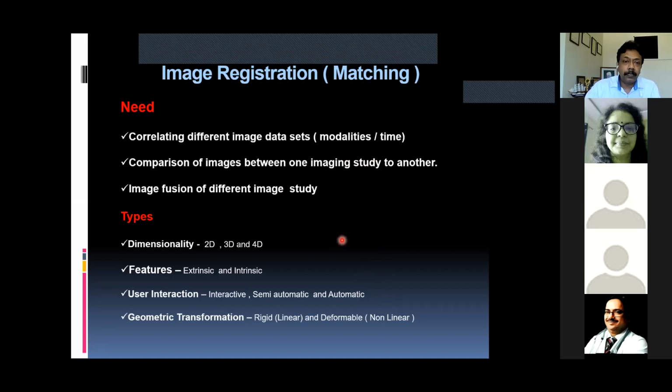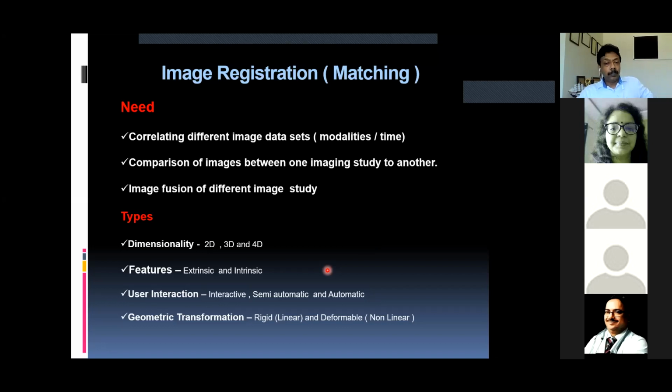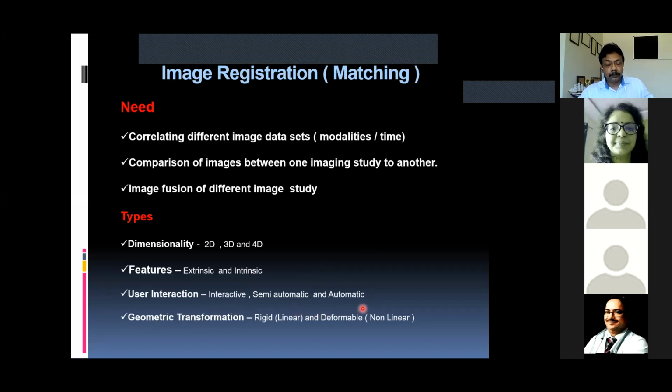So what are the types of image registration or image matching? According to dimensionality, it may be 2-dimensional, three-dimensional or 4-dimensional. According to features, we can match extrinsic body markers or intrinsic organs or markers. According to user interaction, it may be interactive, semi-automatic, or automatic.